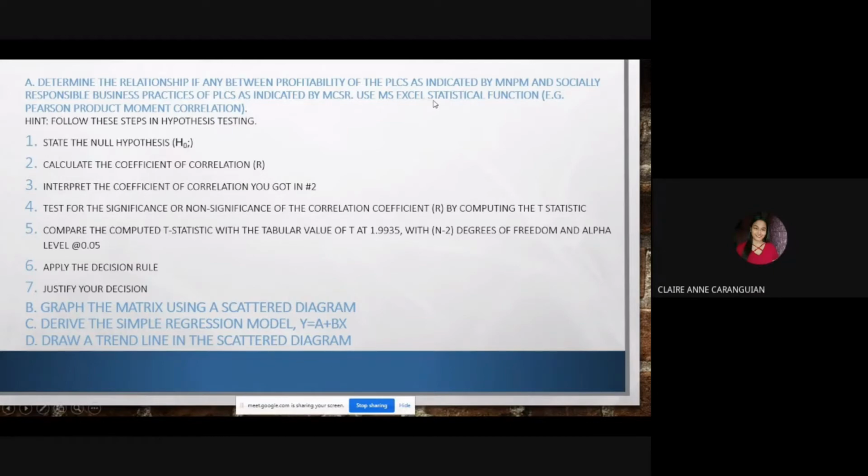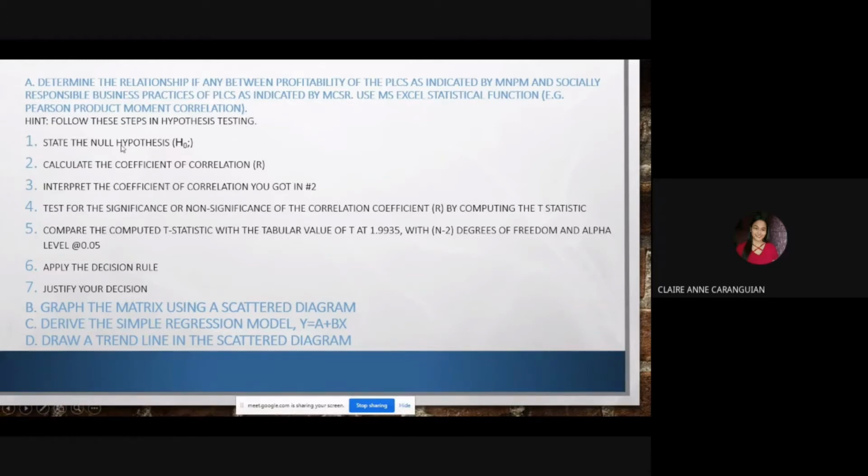Use MS Excel statistic function. Example given is Pearson product-moment correlation. So, pwede tayong gumamit ng Excel statistic function. For short, Excel. So, hint, follow these steps in hypothesis testing.